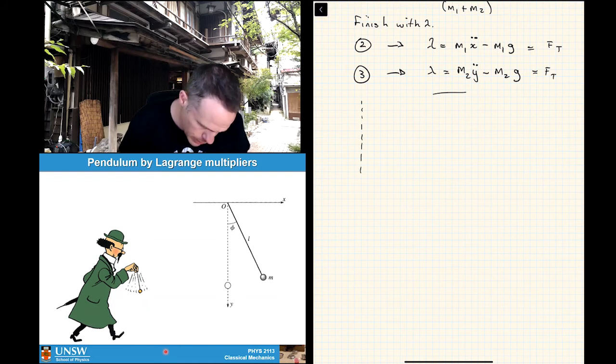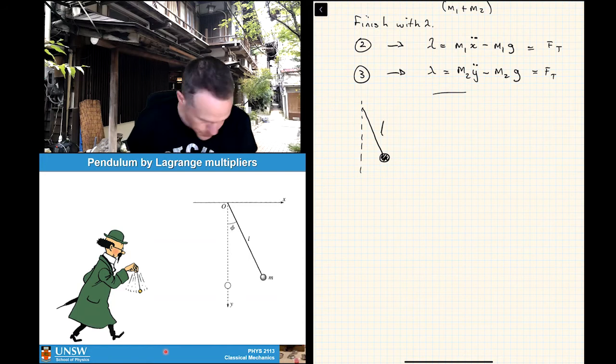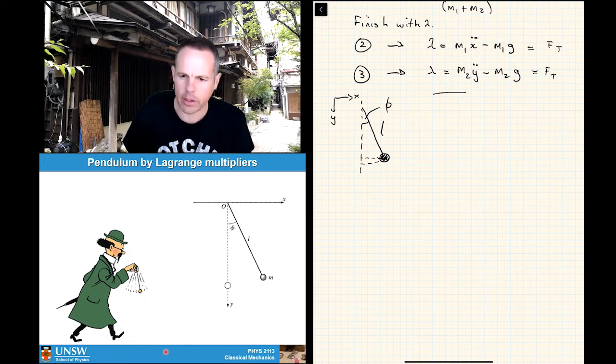So let's come back to our original problem. What we've got is a mass on a string again, length L, angle phi in here, set up our coordinate system, x and y, and this time I'm actually going to care a little bit about y.